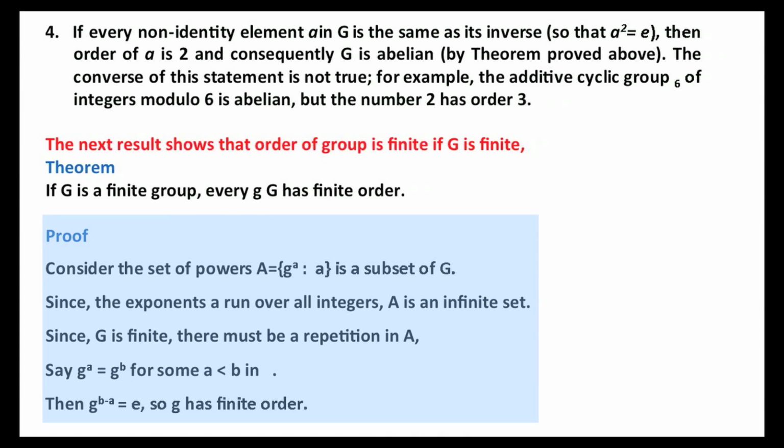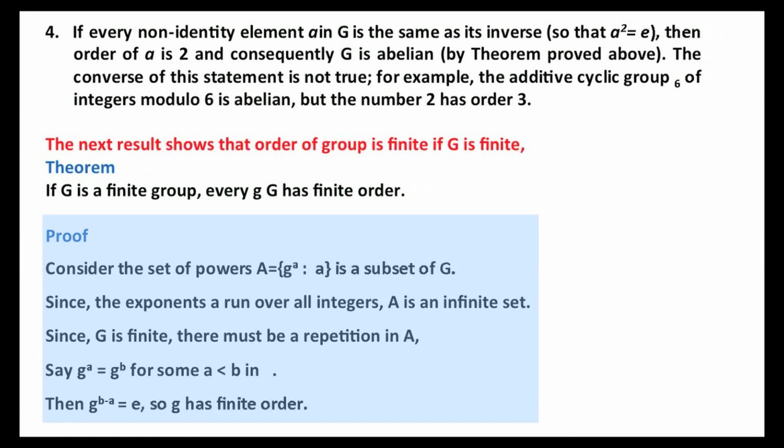Proof: consider the set of powers A equal to g to the power a, for a belonging to Z, a subset of G. Since the exponents run over all integers, A is an infinite set.